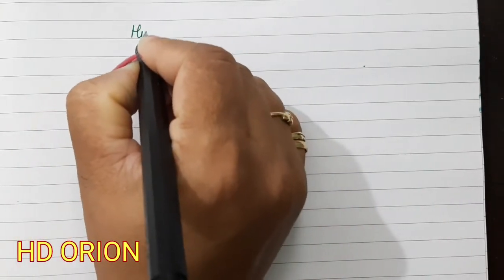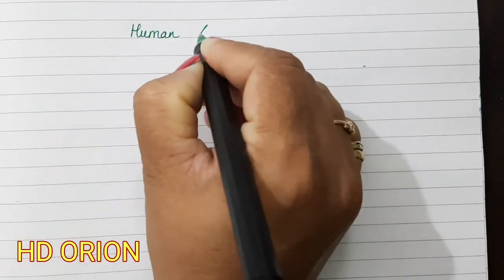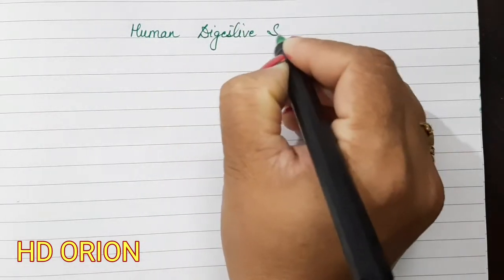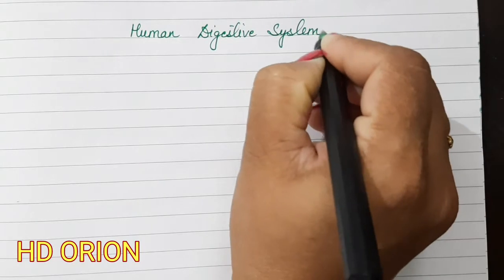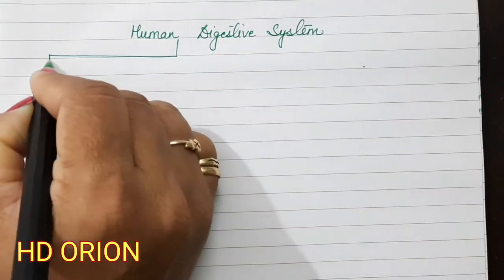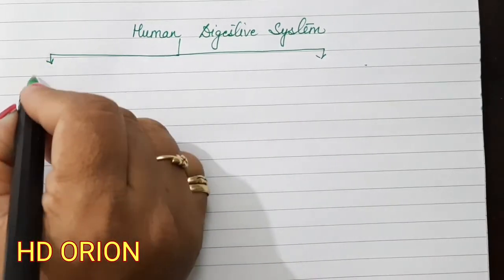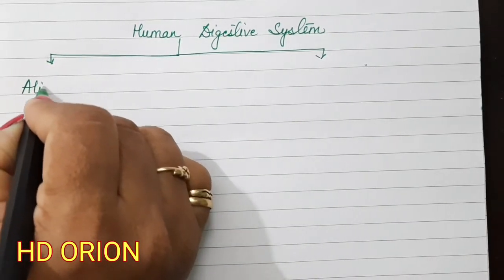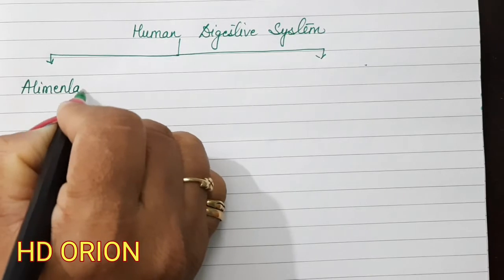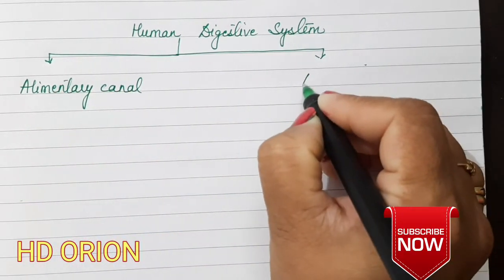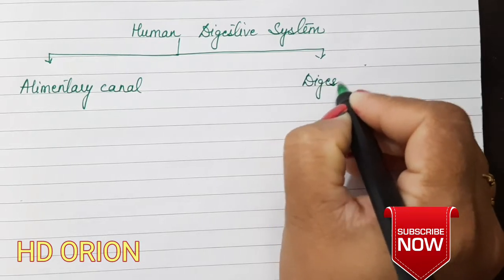Let us see the components of the human digestive system. The human digestive system is divided into 2 parts: the alimentary canal and the digestive glands.